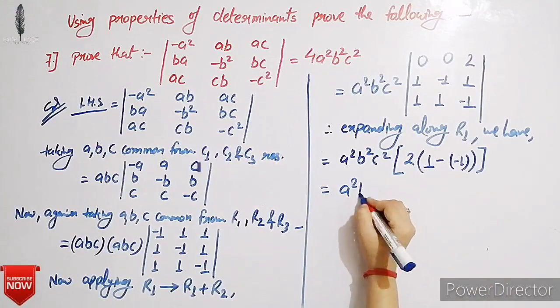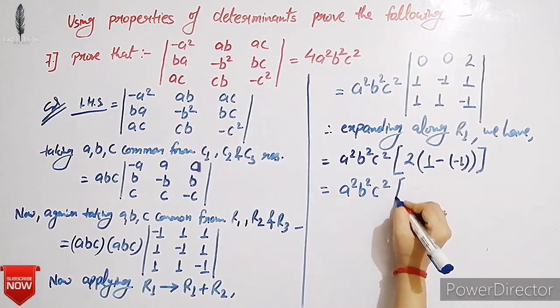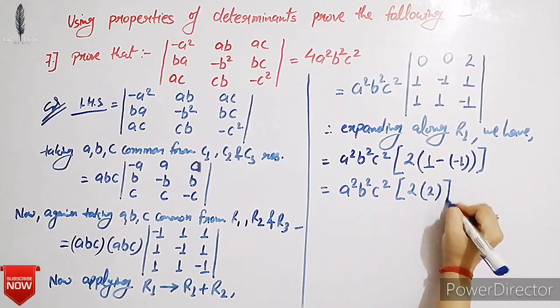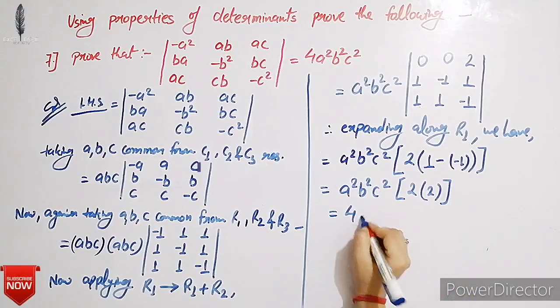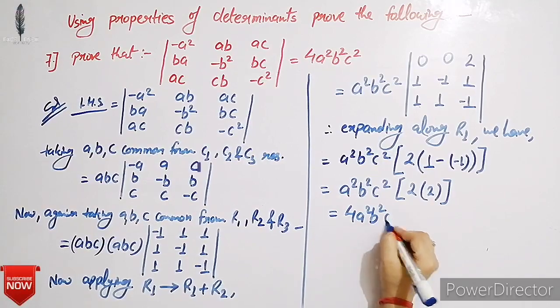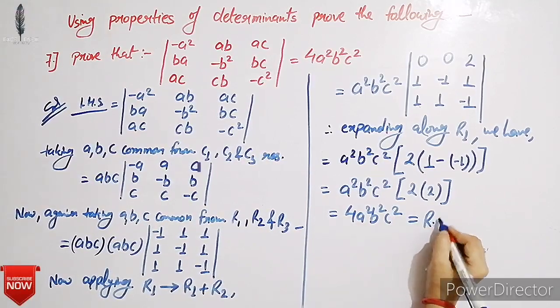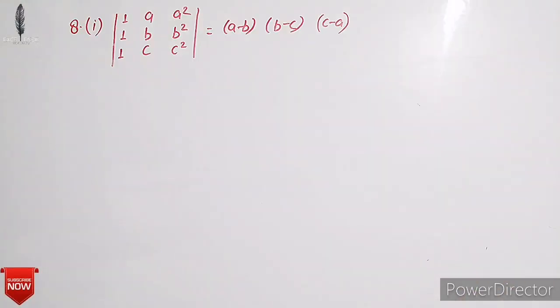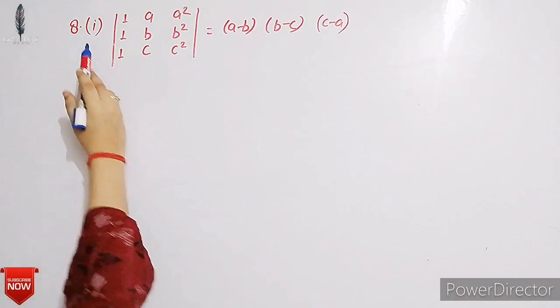So here A square B square C square into 2 into 2, that is equal to 4A square B square C square, equal to RHS part. Hence proved. Let's see the next question.